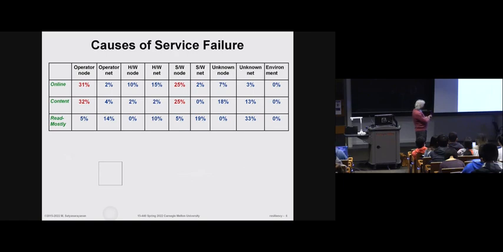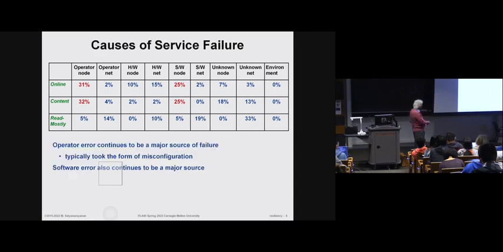Operator failure was 1/3 of all failures, except in the read-mostly case where there was nothing to do. I mean, the data was fixed. As long as it was running, there was no change, just handing out static data. Second was software failure. 20 years and a world of difference between the two systems, but the origins of failure are quite similar.